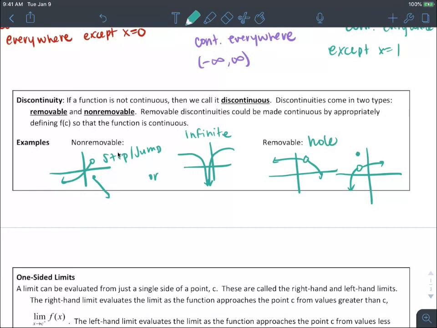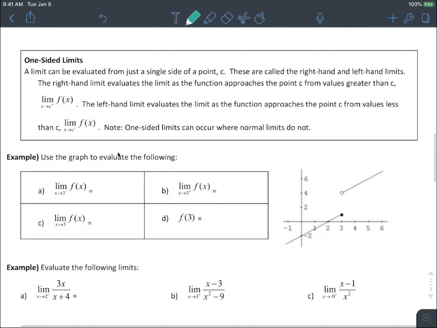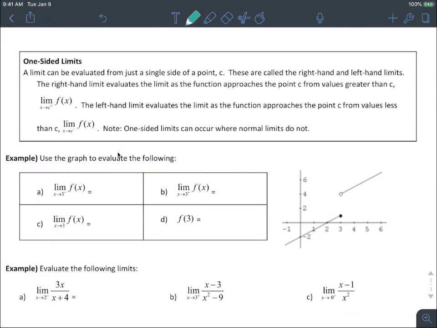One of the ways that we check to see if we have a limit is by checking the left side limit and the right side limit. A limit can be defined for a single point c if the left side limit and the right side limit agree. We're going to look at these separately.